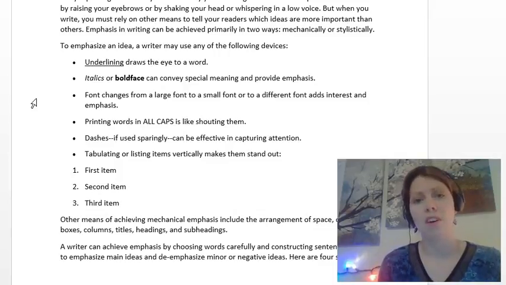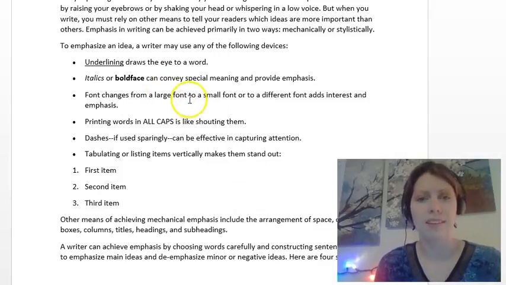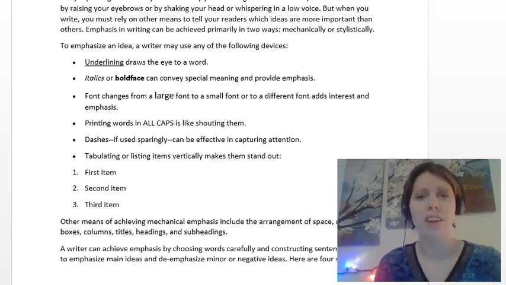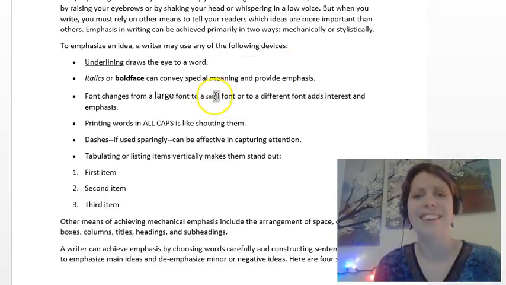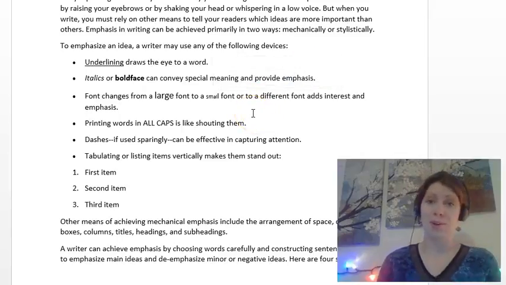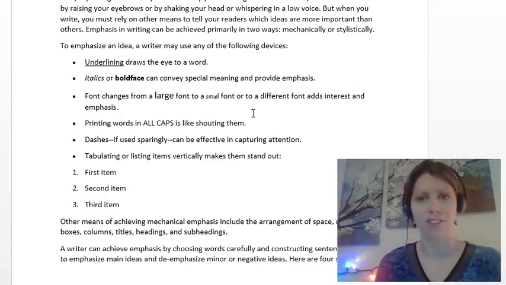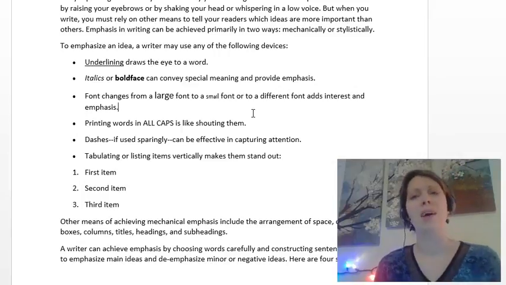You can also do font changes from, let's see here, large fonts to small fonts. Oh, I missed the last L. That's okay. Too small, or you can vary it within the word, as we see here, up and down. That also draws your attention. Don't make it too small so that people can't read it.